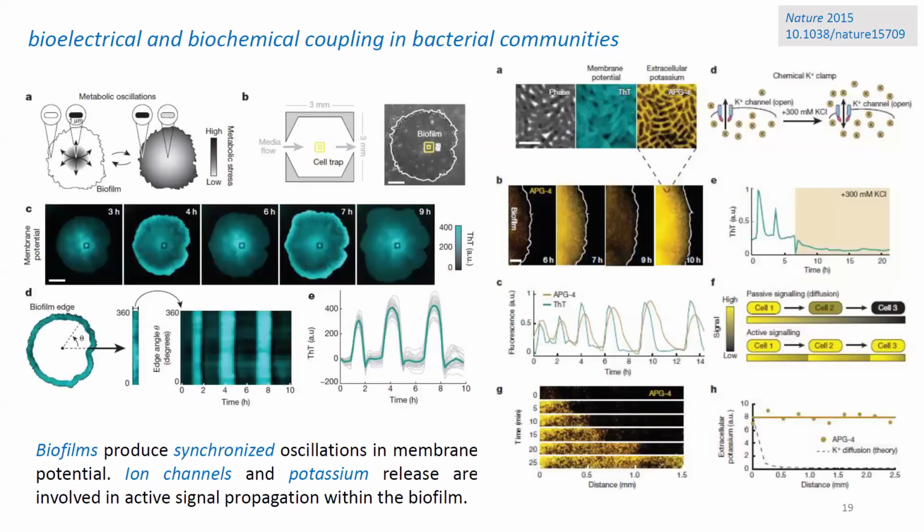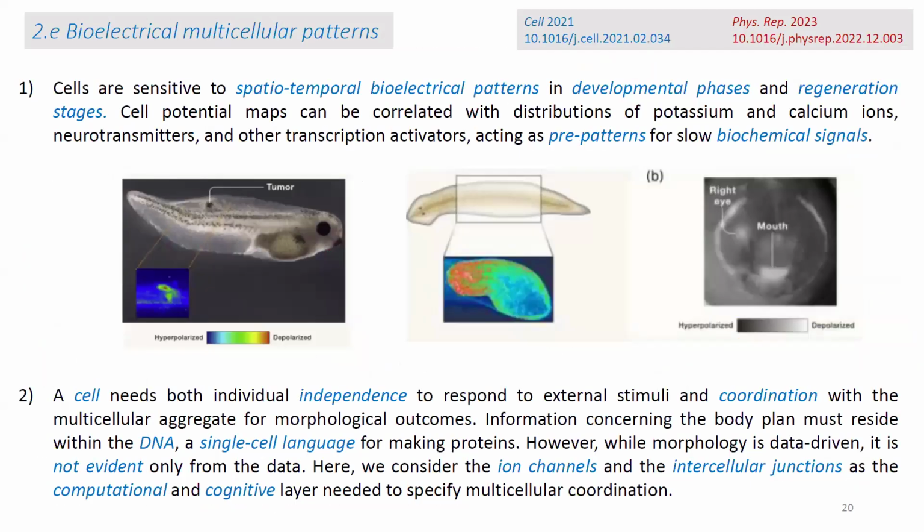This is also interesting in the related case of bioelectrical and biochemical coupling in bacterial communities. In bacterial communities, this work is especially interesting to us in the sense that it's able to couple together chemical gradients and electrical potential gradients. So in this case, it's also very interesting to our field.